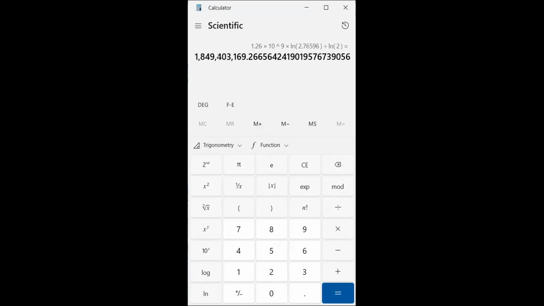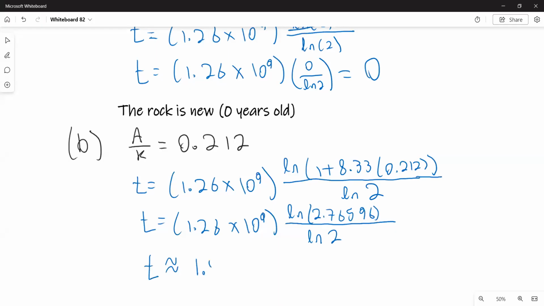Oh, well, that's an answer in scientific notation. Before the decimal point, we have 9 digits. In scientific notation, this is approximately 1.85 times 10 to the 9, or 1.85 billion years old.